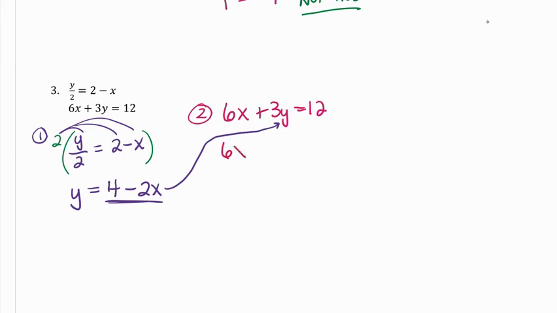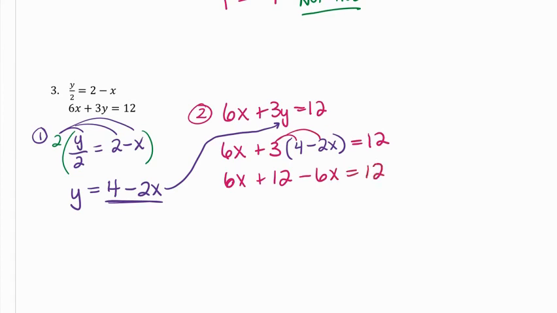So we keep our 6x, we keep the plus 3, but instead of y, we're going to plug in 4 minus 2x, and then equals 12. All right, so then to solve, we got to distribute in that 3. So 6x plus 3 times 4, that's 12. And then 3 times negative 2x would be negative 6x equals 12.